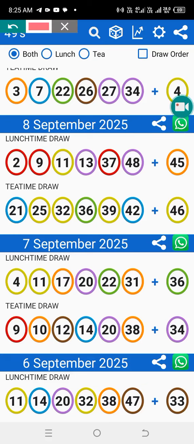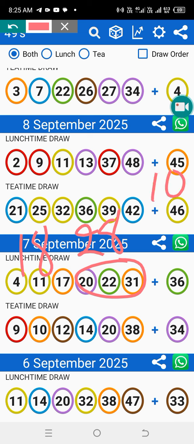So we have 18, 28, and 18 again. We add 10 plus 8 is 18. 18 plus 10 is 28. So then when you are doing minus, you will take that 28 because it's the bigger number.